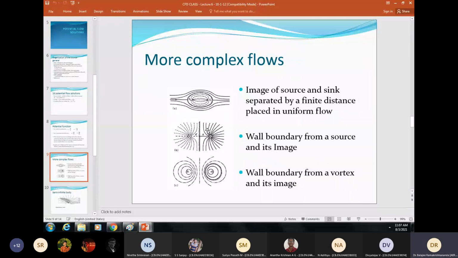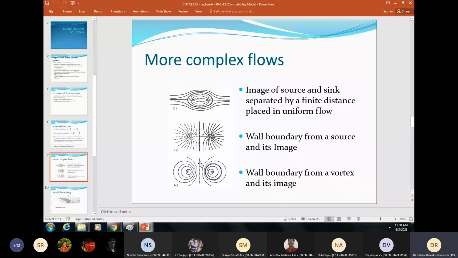Similarly, a wall boundary can also be formed by a vortex and its image. We have a vortex in the anti-clockwise direction. Here you have the vortex in the opposite, clockwise direction. You will get a streamline here where velocity is in the downward direction. If you reverse them, the velocity is in the upward direction. But for all practical purposes, you can treat this as a solid wall.